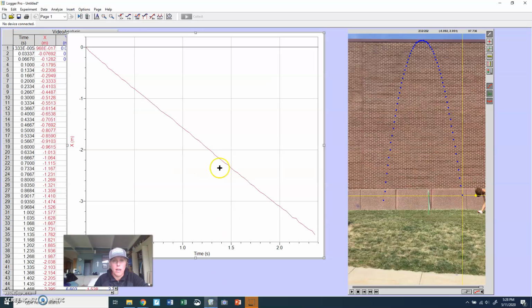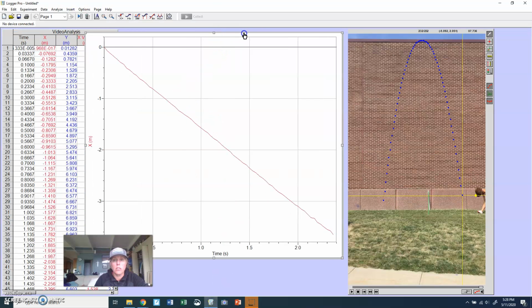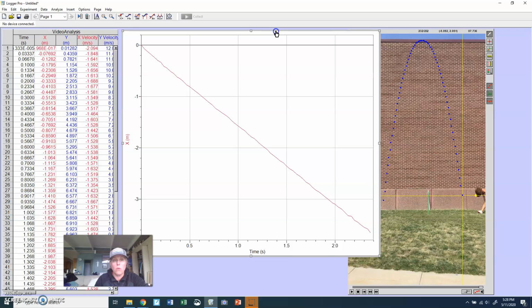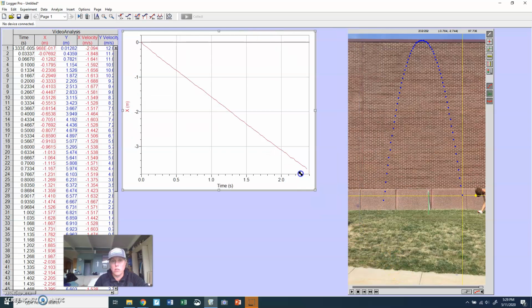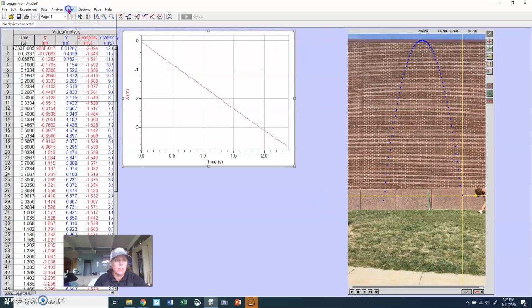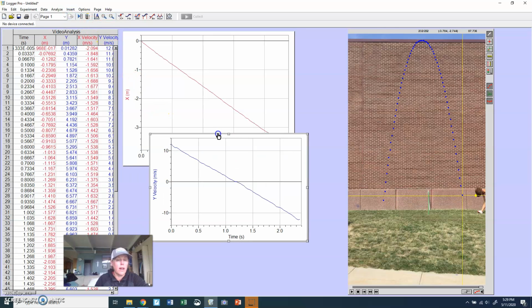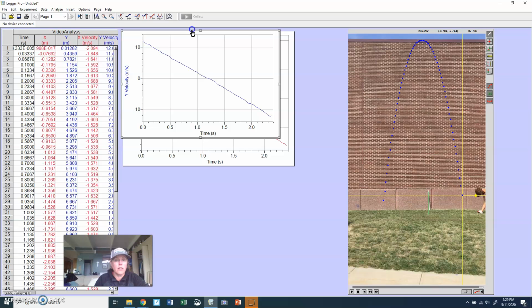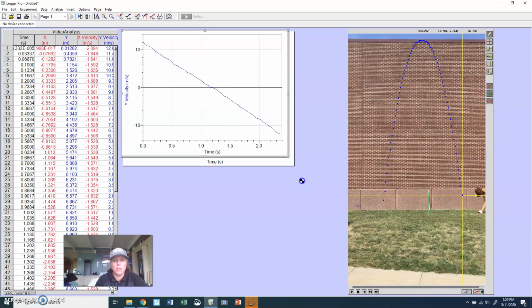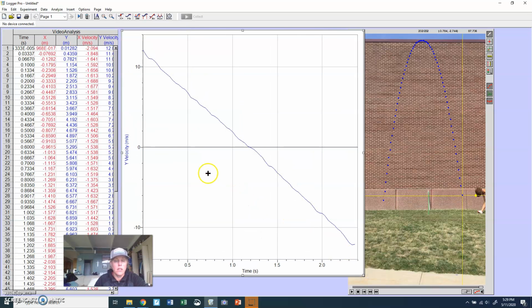So now let me go back to the data. This is position versus time in the horizontal motion. Let me insert another graph. Now this is y velocity. That should give us a hint already, but I'm going to change that to the y position. And that shows us this information.